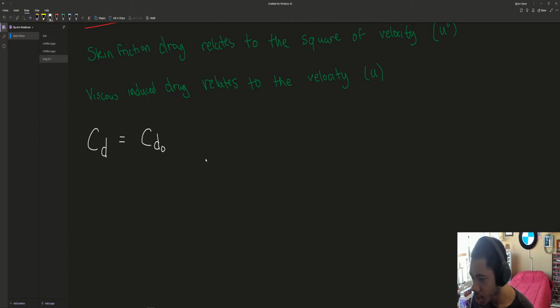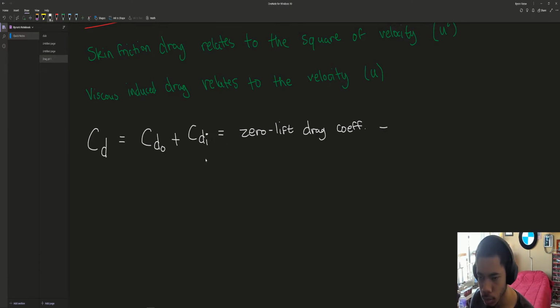It's written as CD0 plus CDi, which is our zero lift drag coefficient plus the lift induced drag coefficient.